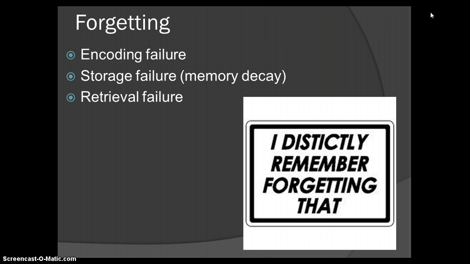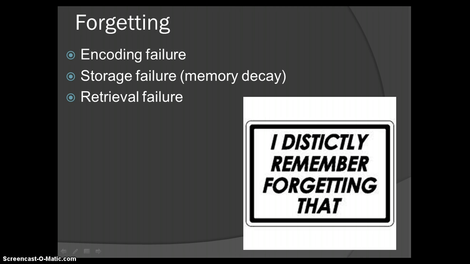Another very important element of memory is forgetting. Forgetting can be due to the failure of any of the three processes that are involved in successfully remembering: encoding, storage, and retrieval. Encoding failure is the failure to store sufficient information to form a useful memory.